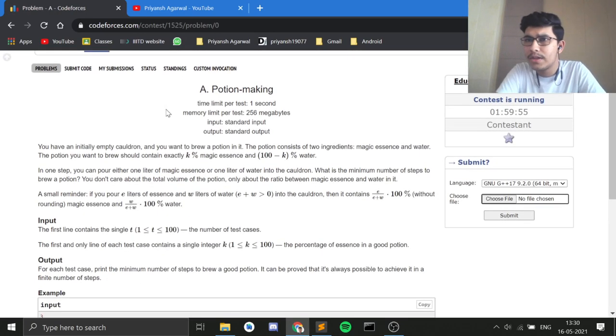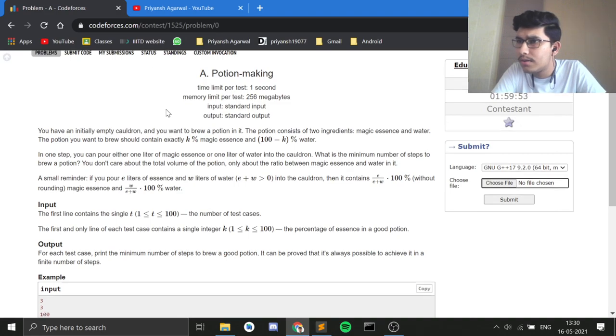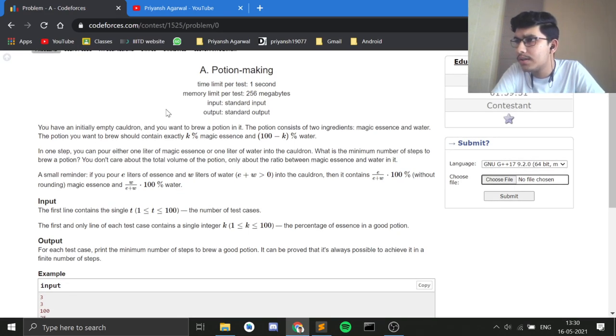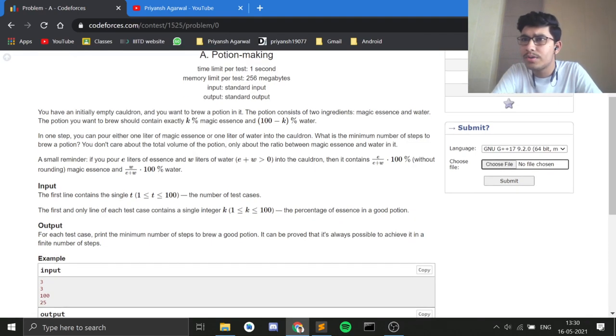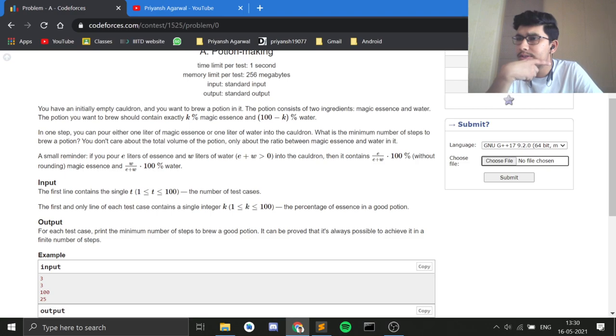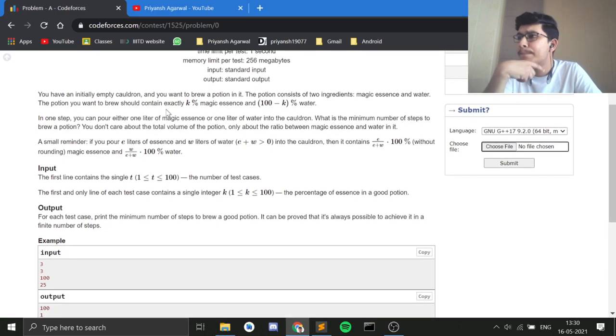Problem A: you have initially an empty cauldron and want to brew a potion in it. The potion consists of two ingredients, magic essence and water. The potion you want to brew should contain exactly K% magic essence and 100 minus K% water. In one step, you can pour either 1 liter of magic essence or 1 liter of water into the cauldron. What is the minimum number of steps to brew a potion? You don't care about the total volume of the potion, only about the ratio between the magic essence and water in it.